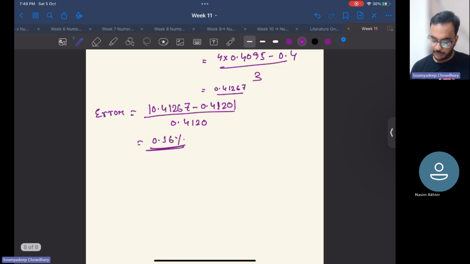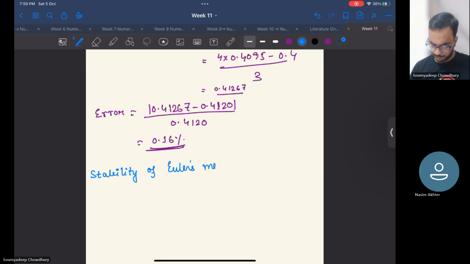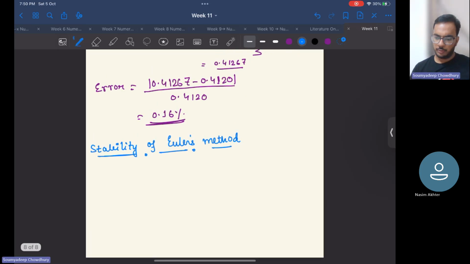Okay, so now we'll move to the next topic, which is basically stability analysis. What do you mean by a stable solution?